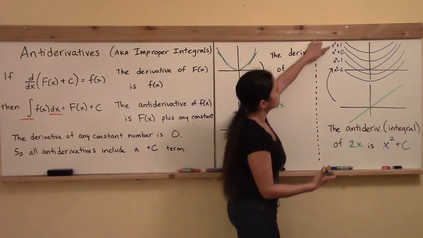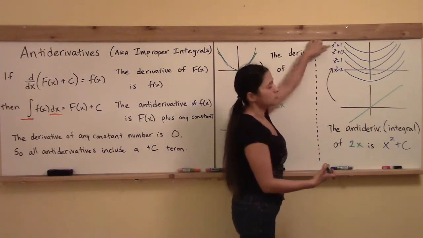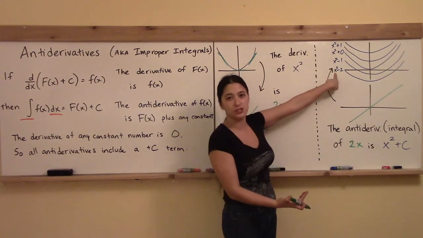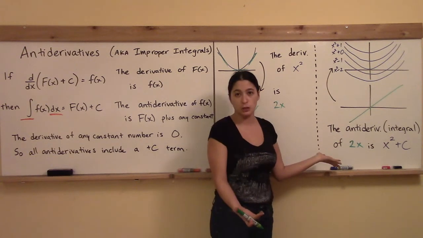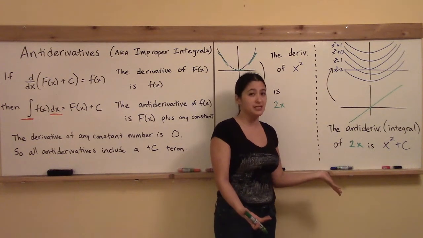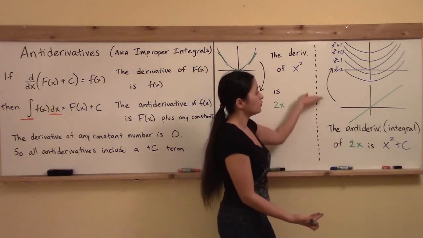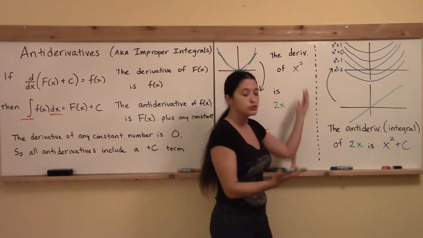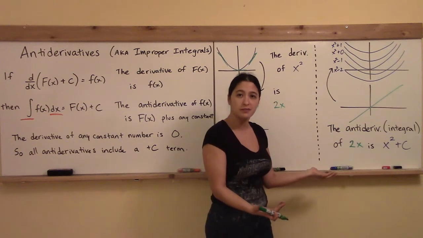If I take the derivative of x squared plus 1, the derivative is still 2x. If I take the derivative of x squared minus 2, the derivative is 2x. That's where the plus c comes from, because no matter which vertical translation of that parabola I choose, the slope of the tangent line will always be the same.